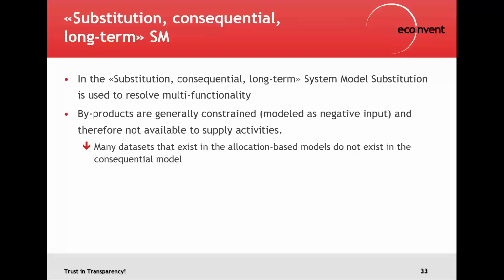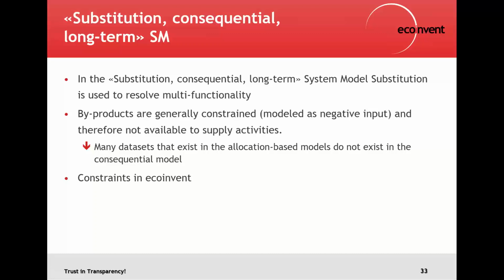That means that many data sets that exist in the attributional system models will not exist in the consequential model. If we use our silver and gold example, silver extracted from a gold mine will not exist in the consequential system model, because silver is modeled as a negative input to the gold mine operation delivering gold.